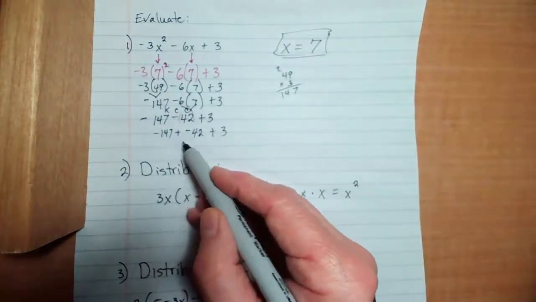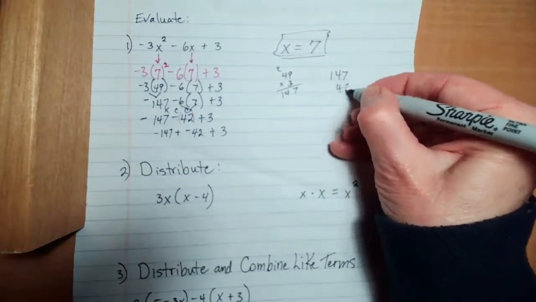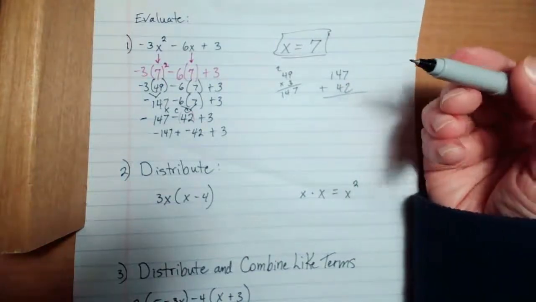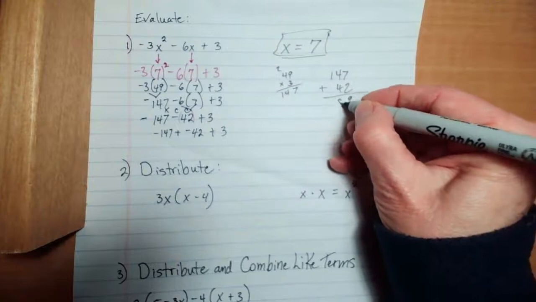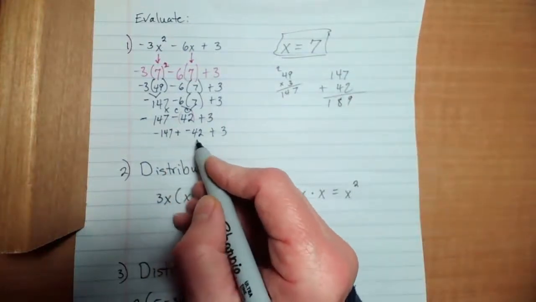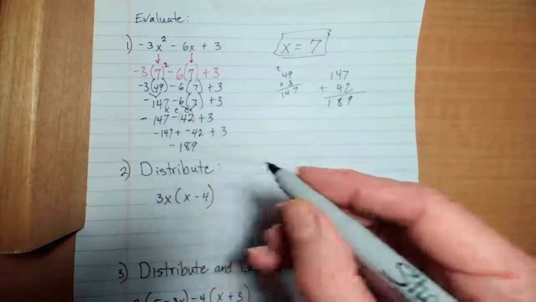Now I'm going to add two negatives, two numbers with the same sign. When we add two positives, the answer is a positive. When we add two negatives, the answer is a negative. 147 plus 42 is 189. So if I spend $147 and I spend $42, I have spent a total of $189.